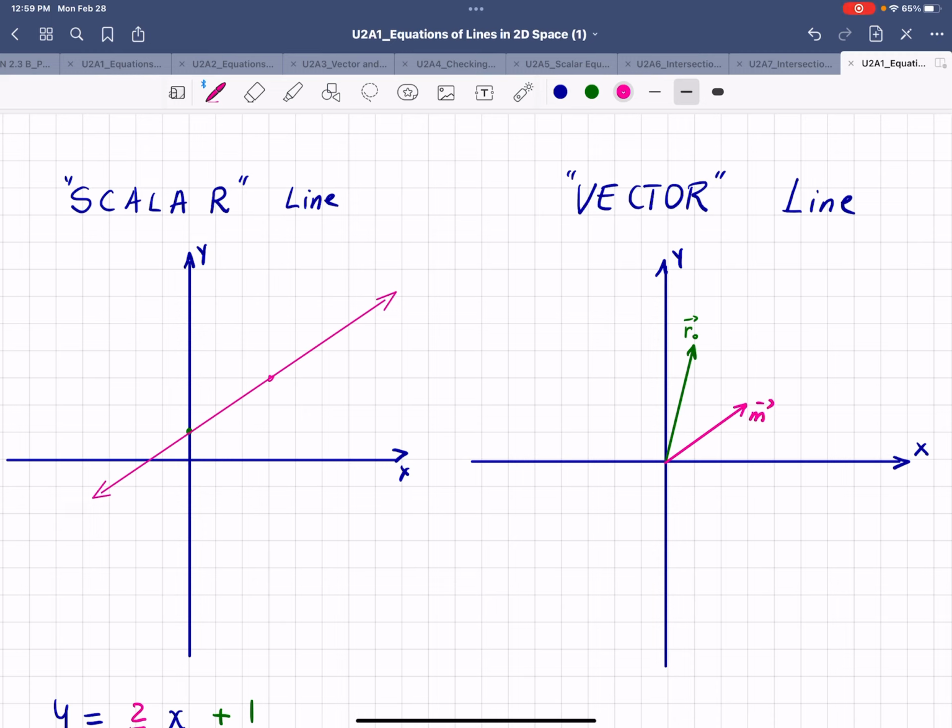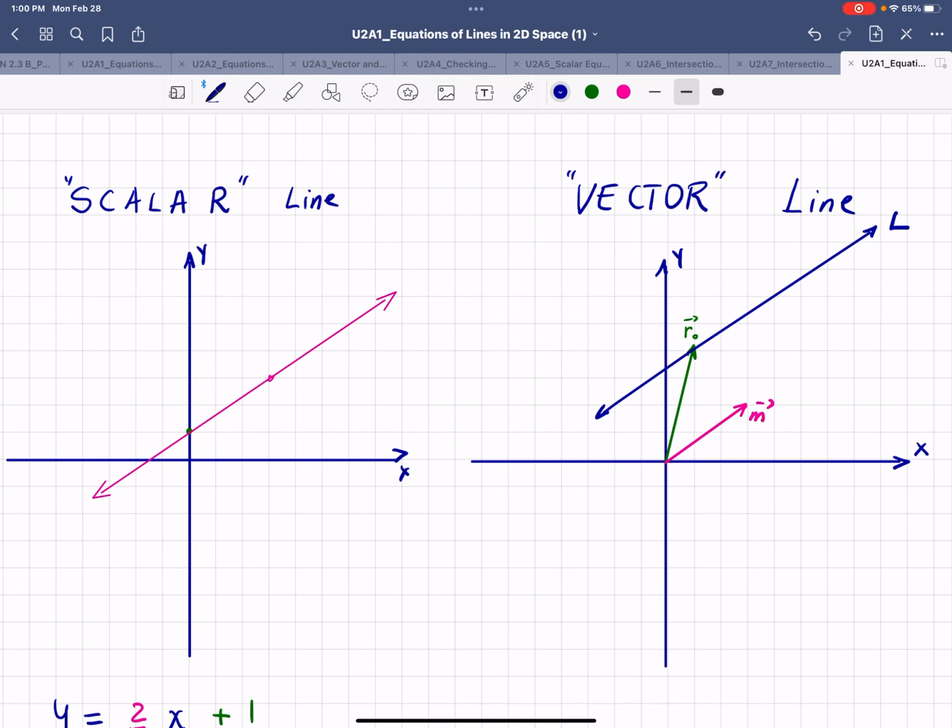To draw a line using these two vectors, a starting and a direction vector, means to draw a line from the head of vector r0 following the direction of vector m. So here we are at the head of vector r0, following the direction of vector m. And I will extend the line both ways. And this is what we call the line L.